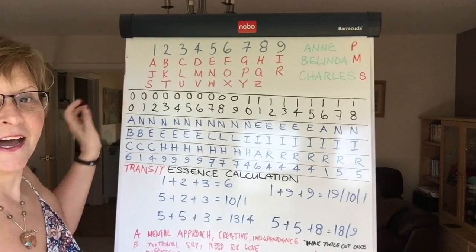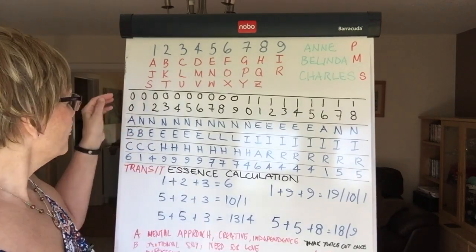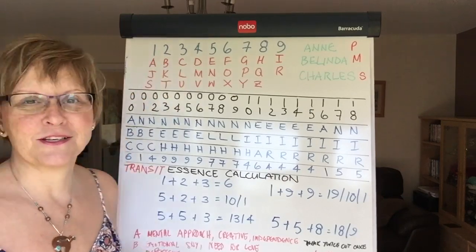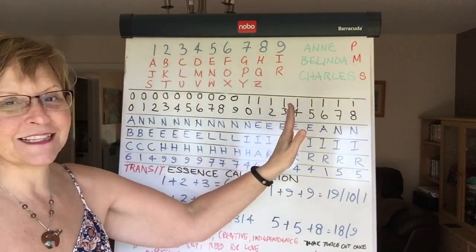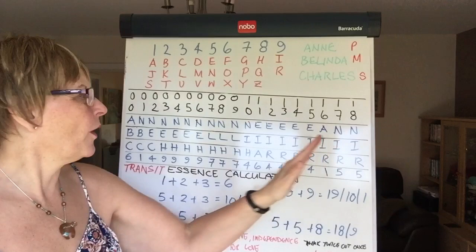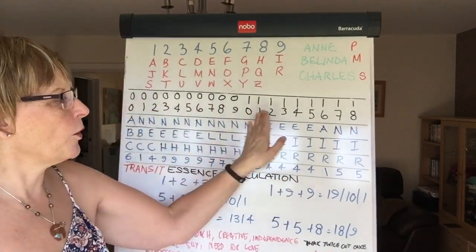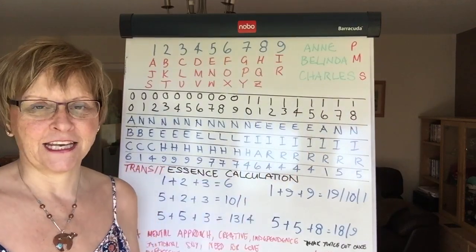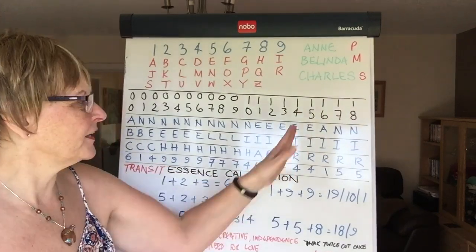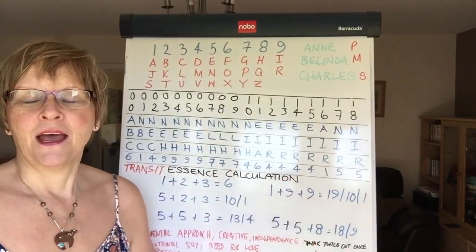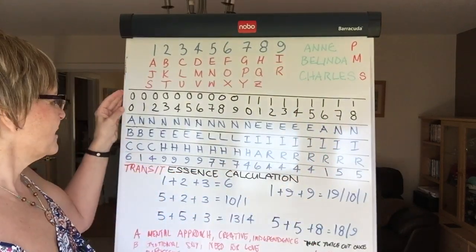This line here is the age. It was easier to write it this way down because of space. I would have probably ended at age 10 if I'd done it the other way. So this is 0 to 1, 1 to 2, 2 to 3, and so on, and I ended at 18. An example I used in the previous video was age 16, 1 and 6, 16. So that's what this line means.